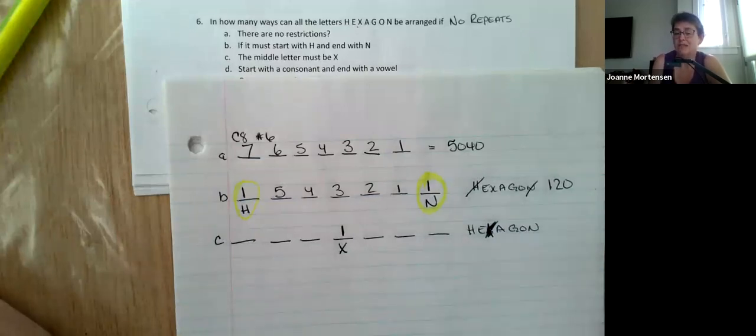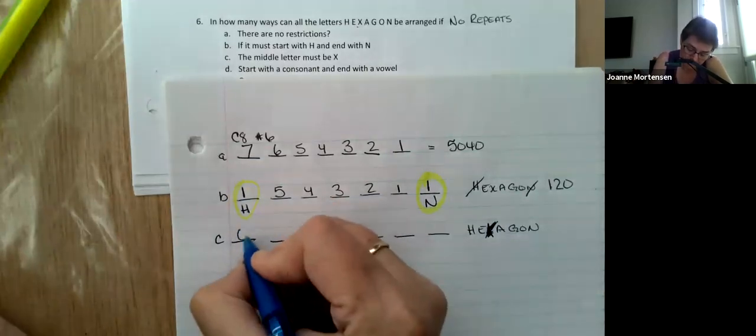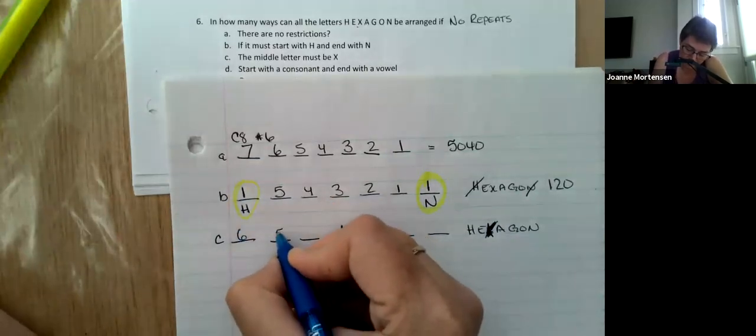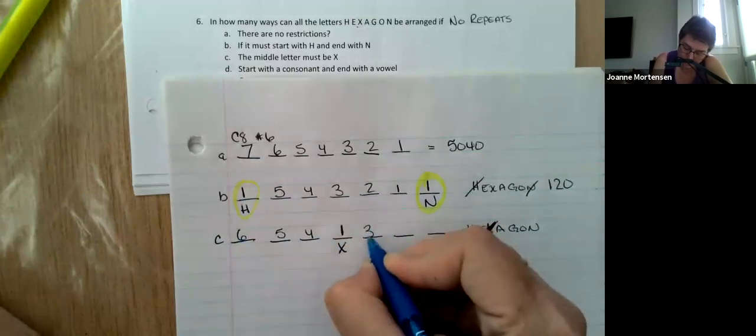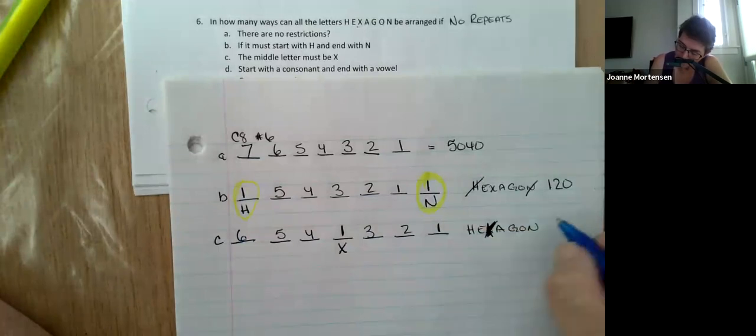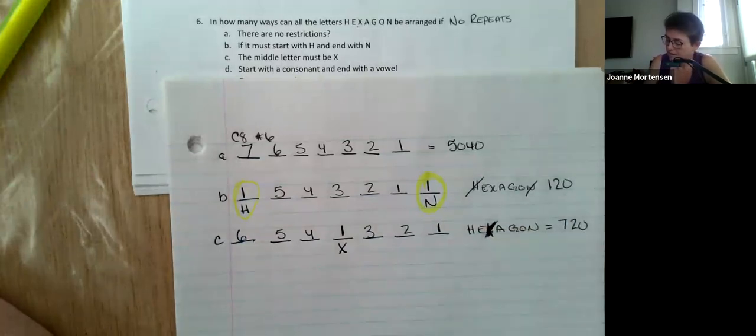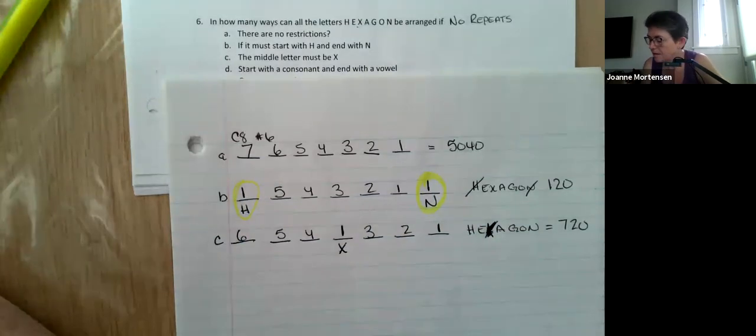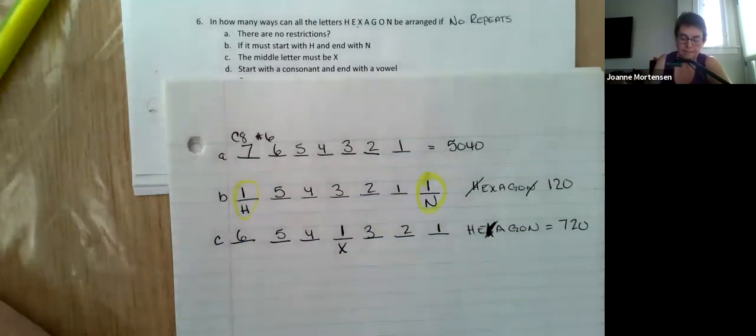You knew that, right? There's 7 letters altogether. We can't use the X, so this is going to be 6. And then you count down 5, 4, 3, 2, 1. And if you do that, that should be 720. There we go.